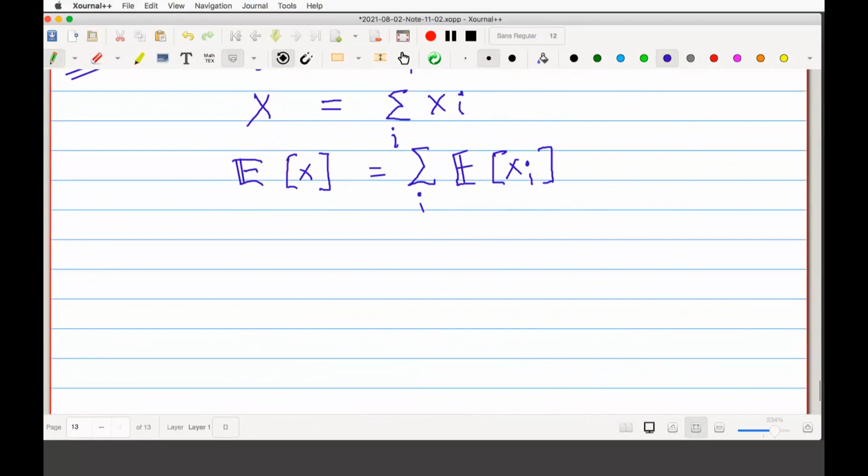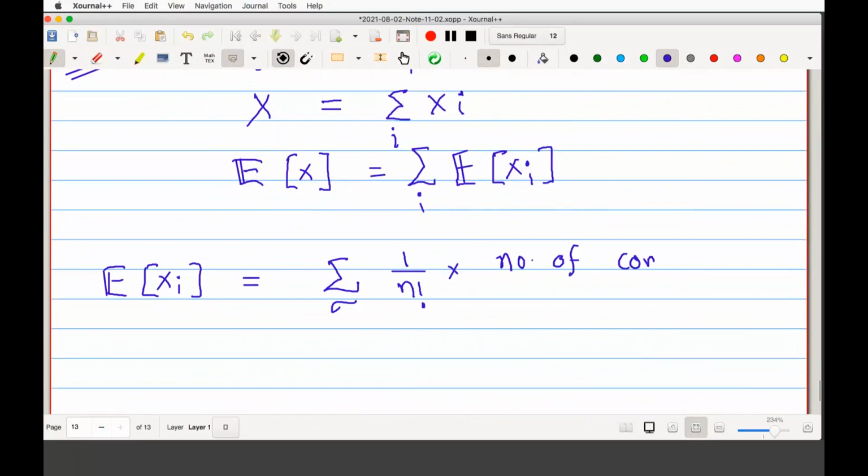Okay, so maybe let me write it. Basically, expectation of xi. One way to write it is that you go over all permutations. Each permutation has probability 1 by n factorial, and then you take the number of comparisons in iteration I on order sigma.